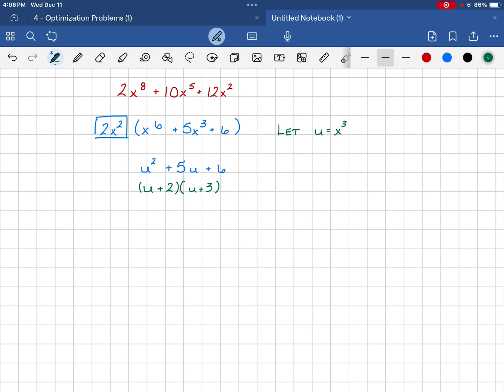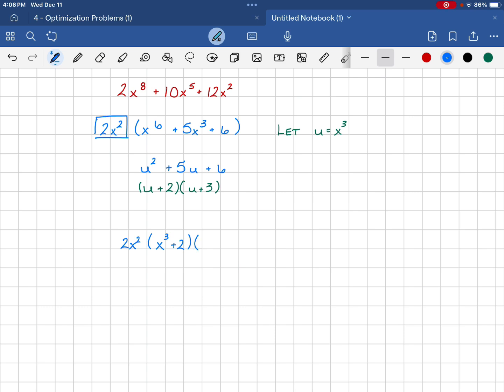And now we have completed the factoring of this polynomial, but we have to return back to our original variable, which was x. So when we come back to our original variable, this is where I said I'm going to put the box around 2x squared. I have 2x squared. U plus 2 is going to be x cubed plus 2, because I'm replacing u with the defined value that I set up originally.